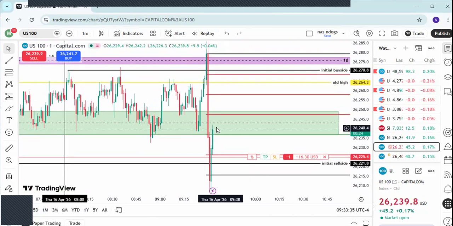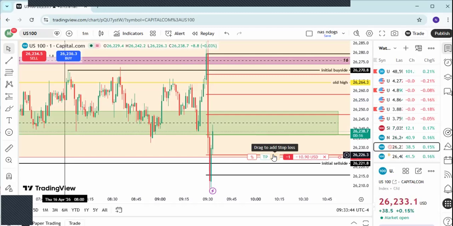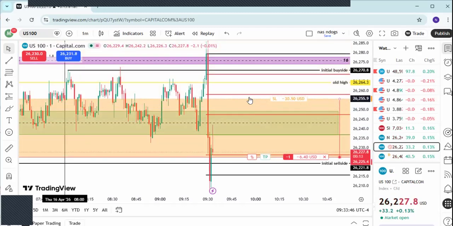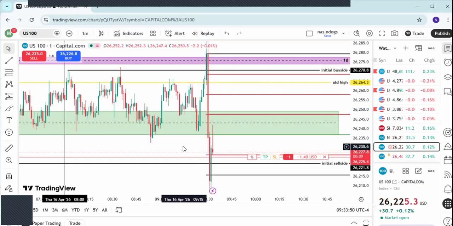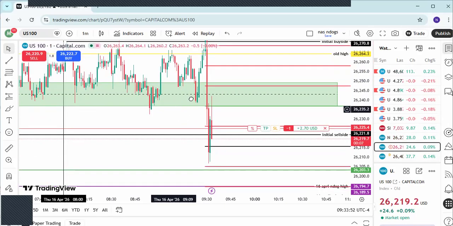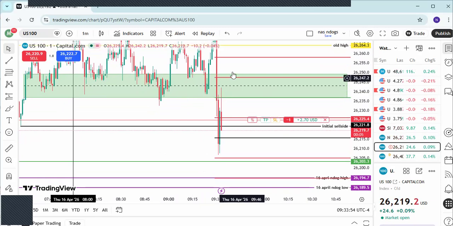The value gap, we'd like to see this one behave as an inversion. Perfectly. That's beautiful. No bodies on the upper half.